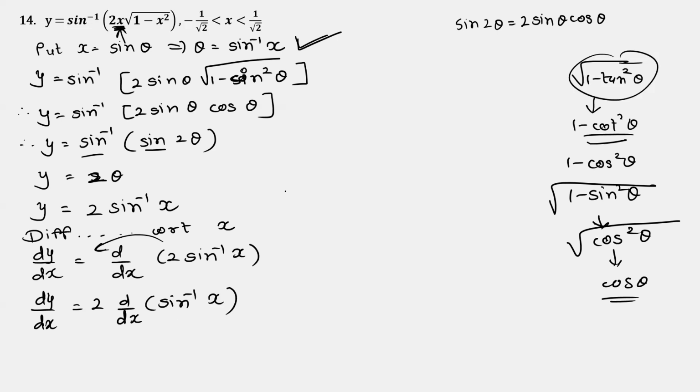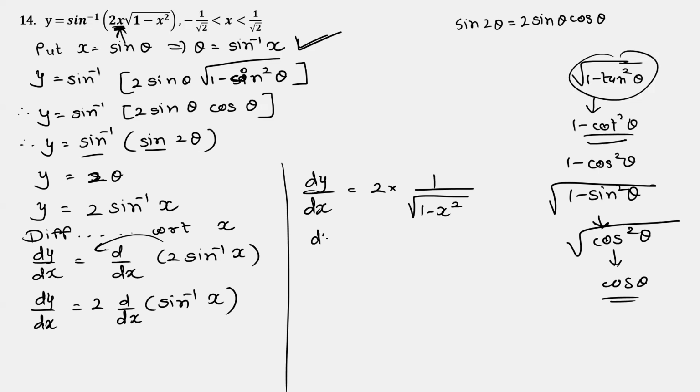What is the differentiation of sine inverse x? It is 1 by under root of 1 minus x square. So dy by dx is equal to 2 upon the root of 1 minus x square.